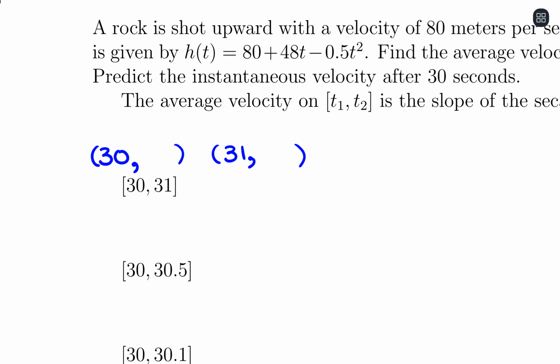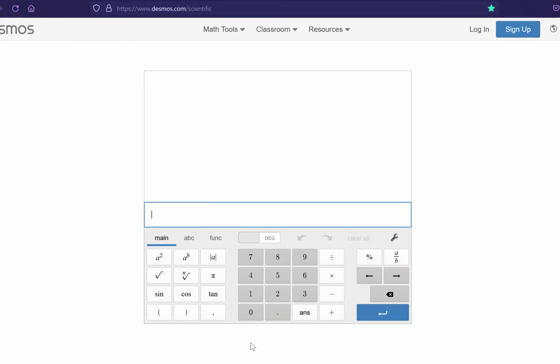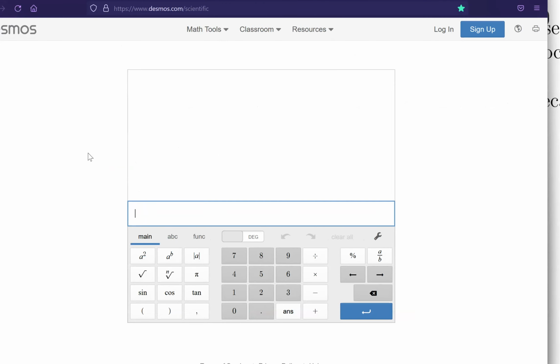If we're looking from 30 to 31, I'm going to have the coordinate 30 and some y value, and then the coordinate 31 and some y value, all coming from 80 plus 48t minus 0.5t squared. So let's grab my scientific calculator.